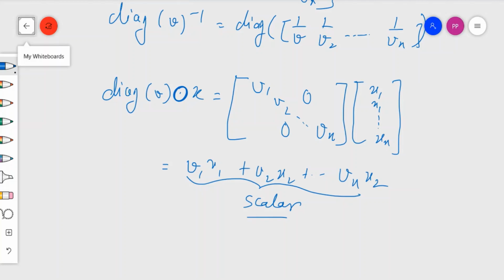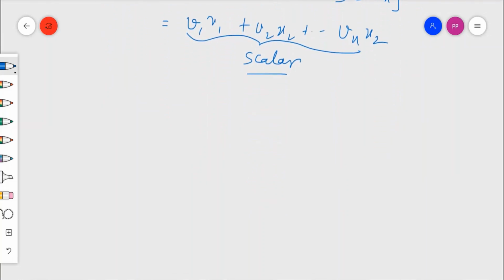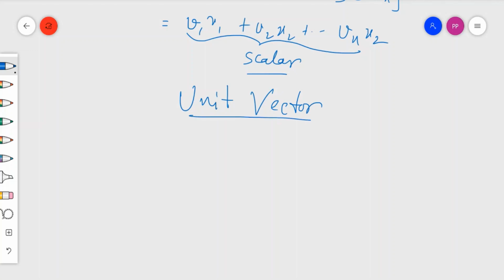Let us consider next the unit vectors. You may know the meaning of unit vectors, a vector with magnitude unity, but let us understand it from our perspective. So a vector whose L2 norm is unity is a unit vector.